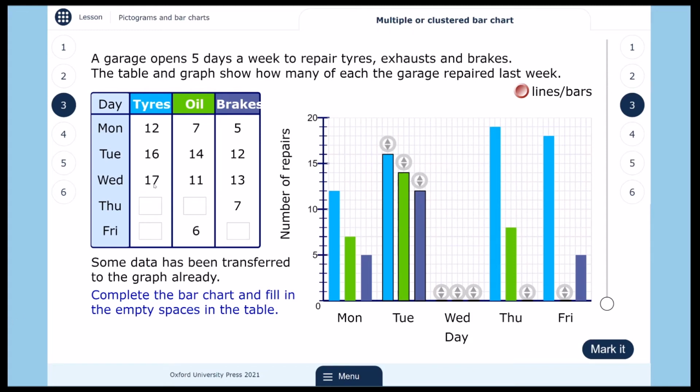Looking at Wednesday, I can see that tyres is 17, oil is 11, and brakes is 13. So my first bar needs to go all the way up to 17. My second bar needs to go up to 11, and my third bar needs to go up to 13.